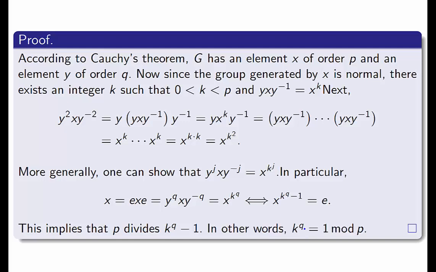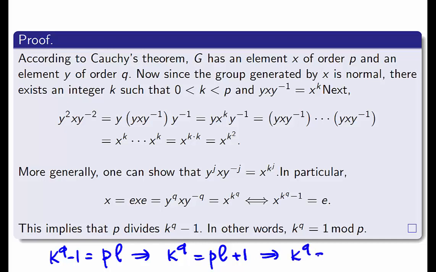Okay, but this means that we can rewrite q^k - 1 as pl, which then implies that q^k is equal to pl + 1, but this will mean that q^k will be 1 mod p.